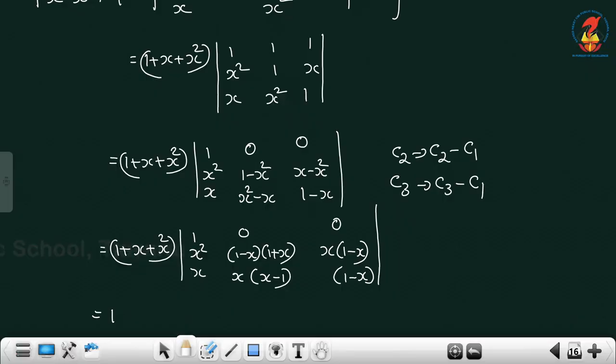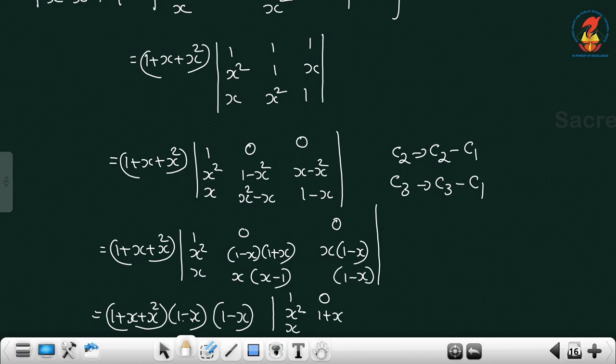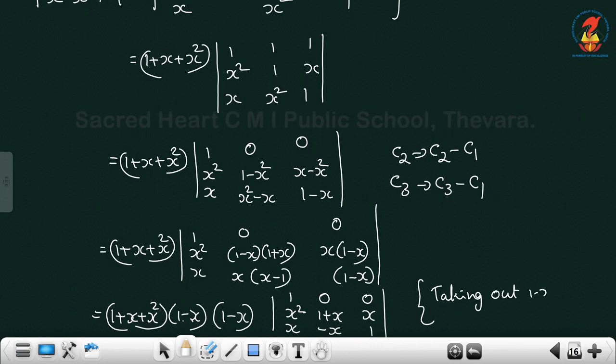So 1 plus x plus x² into (1 minus x) from the second column, again (1 minus x) from the third column, taking out 1 minus x from C2 and C3.